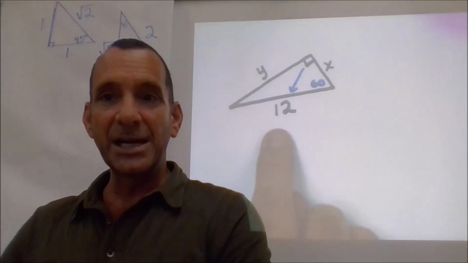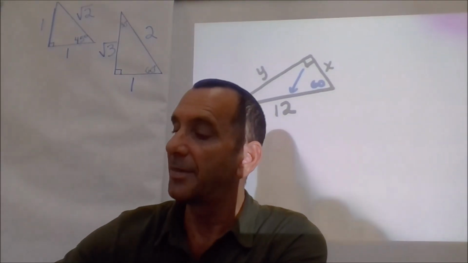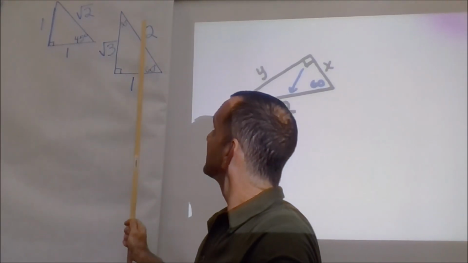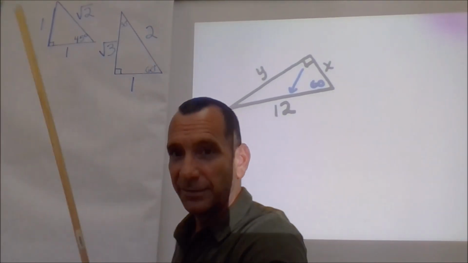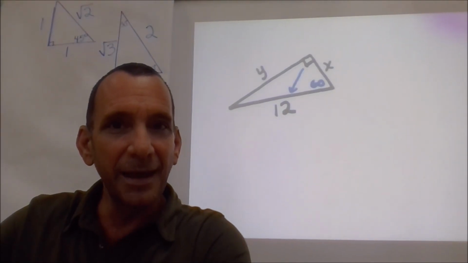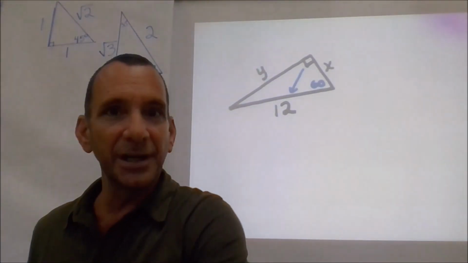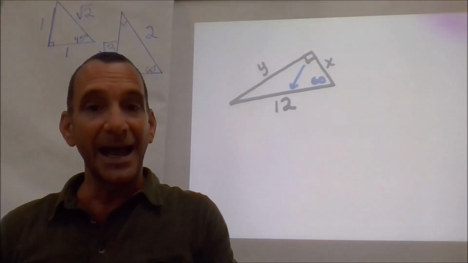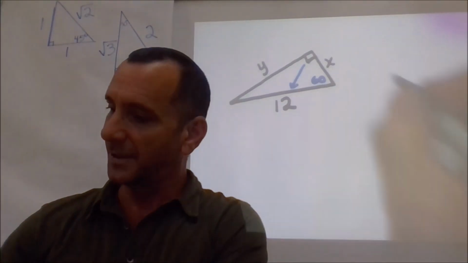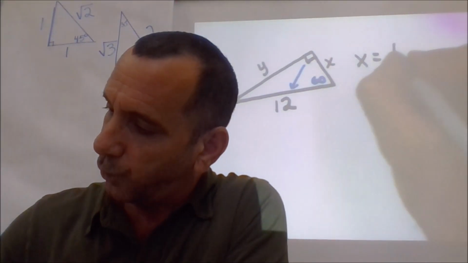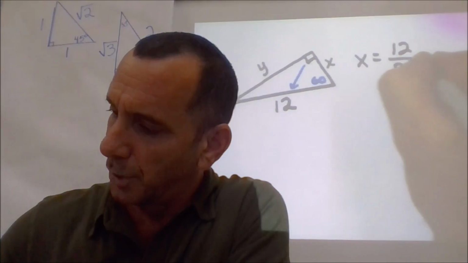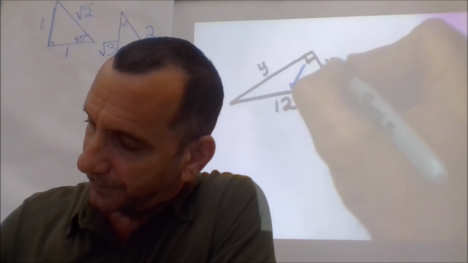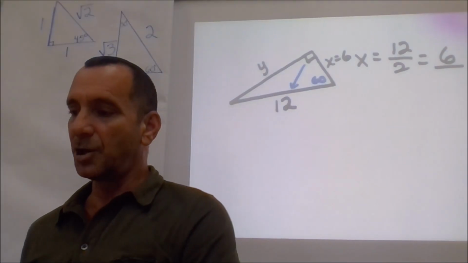So if we have a ratio and we know that the hypotenuse is double the size of the short leg, then the short leg length is half the length of the hypotenuse. So I've got x equals 12 over 2, which is 6. That was easy. X equals 6.